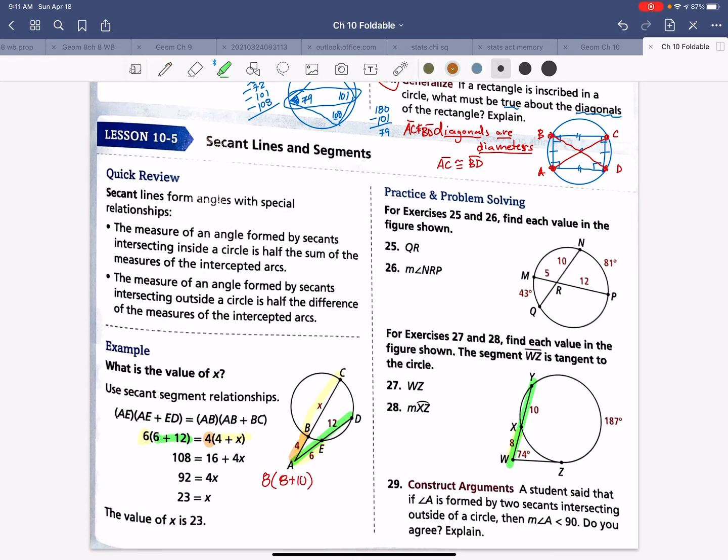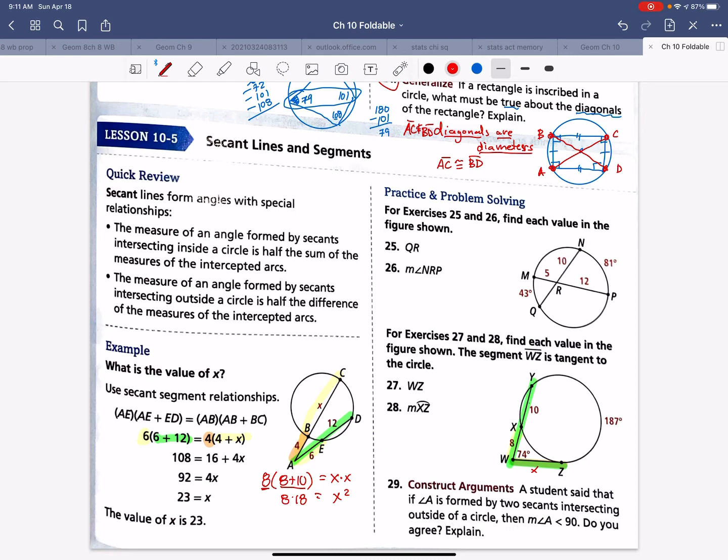Has to equal the part on the outside, whatever that is, WZ, I'll just call it X, times the whole thing, well, that's the whole thing. So X times X, or X squared. So here we have 8 times 18.